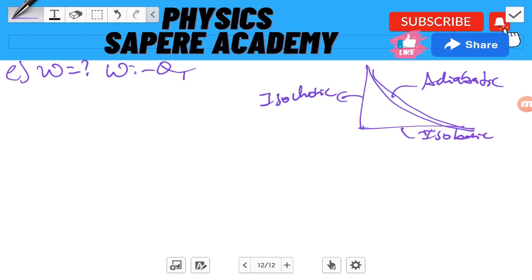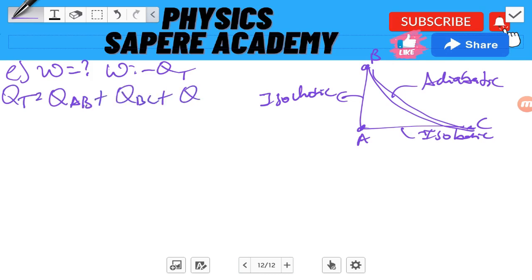This is A, this is B, this is C. So the total heat is the heat Q from A to B plus the heat Q from B to C plus the heat Q from C to A. Now since BC is an adiabatic process, QBC is 0 because it's adiabatic. So this is QAB plus QCA.